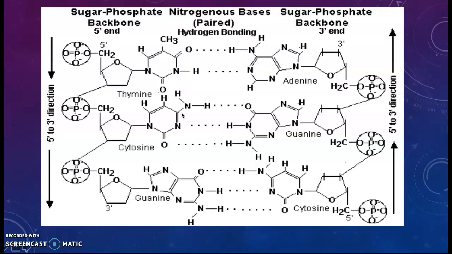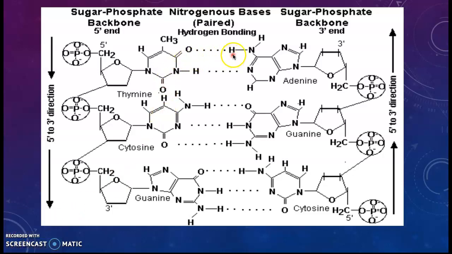As you can see, the bases have to bind together because these are the only places that hydrogens will match up. Remember, you need a hydrogen attached to an electronegative atom and another electronegative atom to form a hydrogen bond.